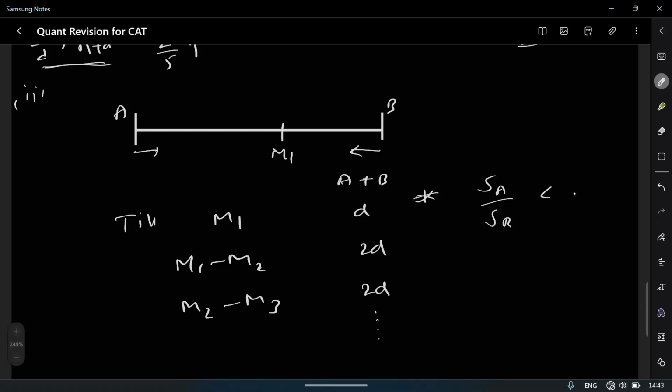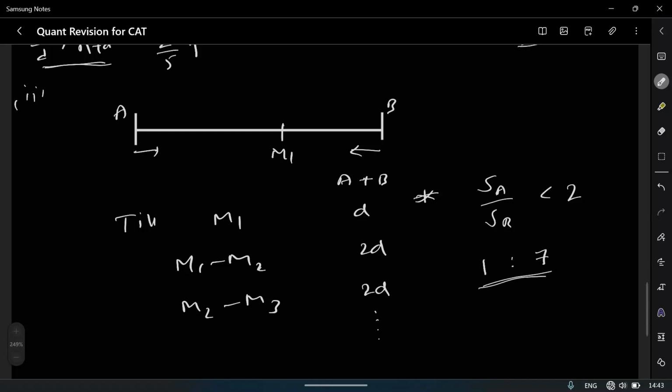Here the exception is speed of A by speed of B is less than 2. If we think the speed of A is greater, why can't we apply this? Let us take that the speeds are in the ratio 1 is to 7. Can we apply this? No. Why can't we apply this?